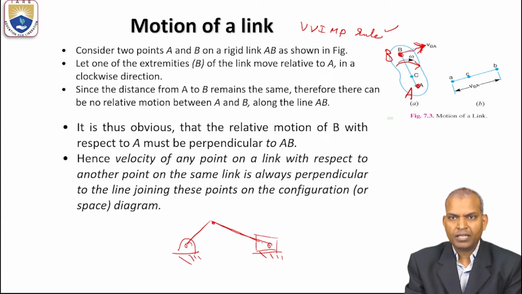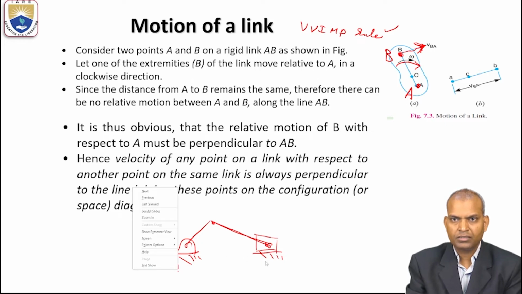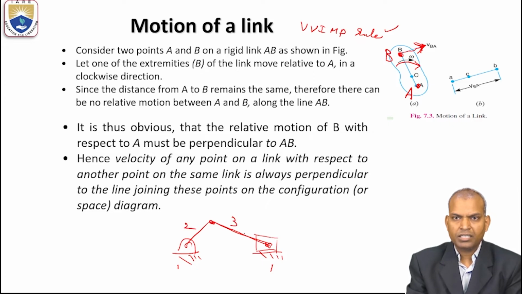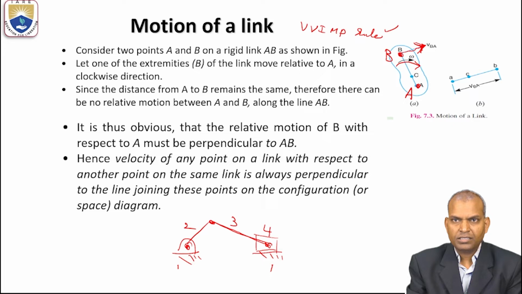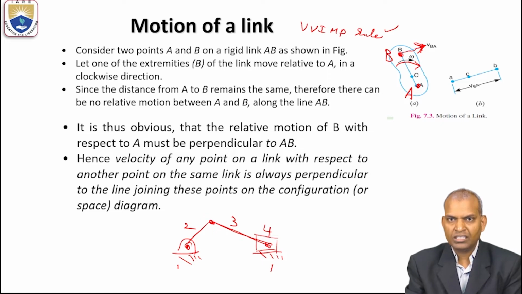The slider crank mechanism consists of various links: the fixed link, link 2 which is a crank, link 3 which is a connecting rod, and link 4 which is a slider. So what is the direction for link 2 and link 3? The velocities in the diagram are perpendicular to link 3.